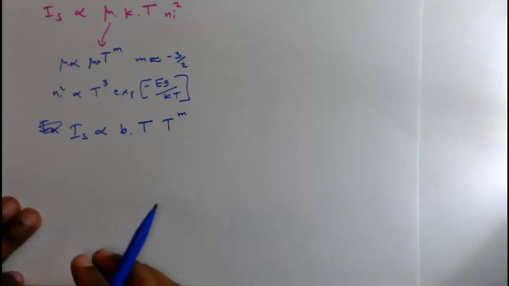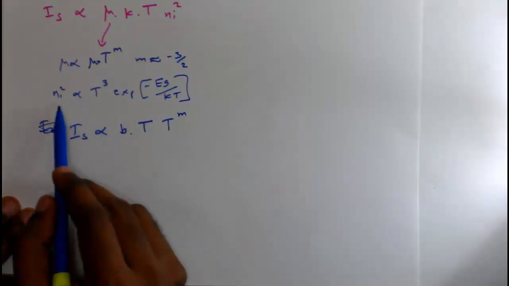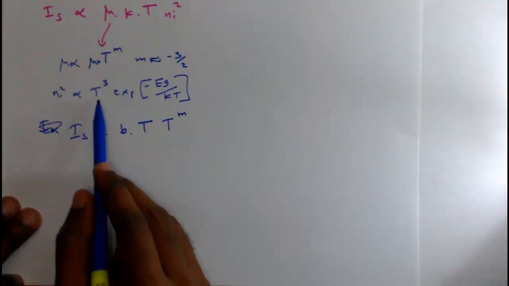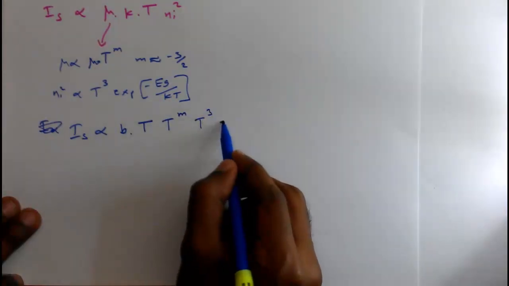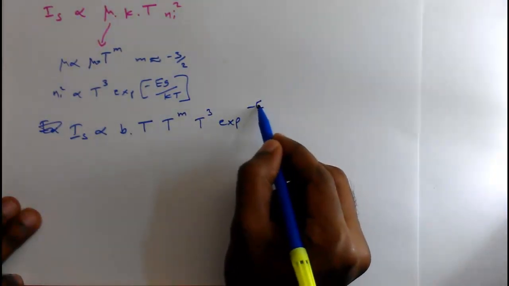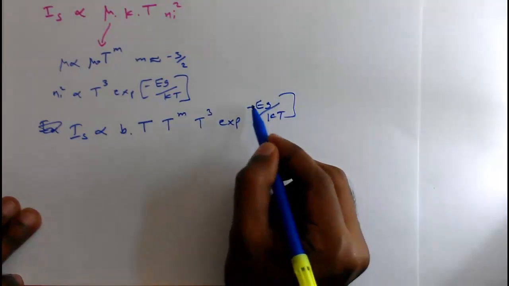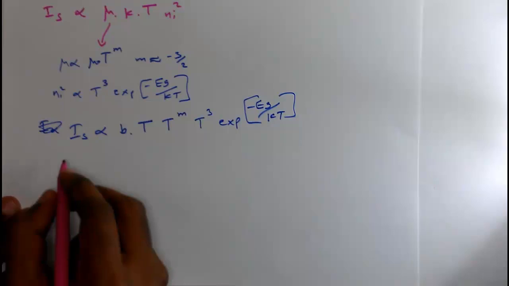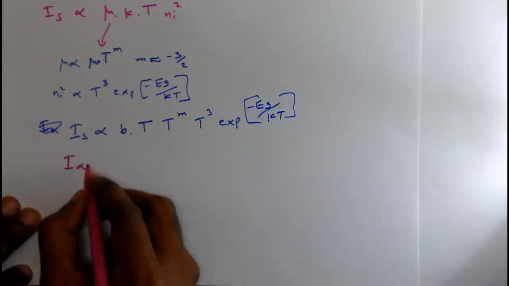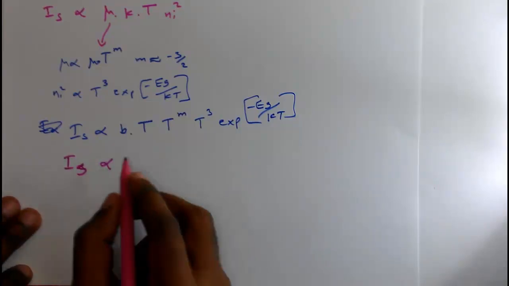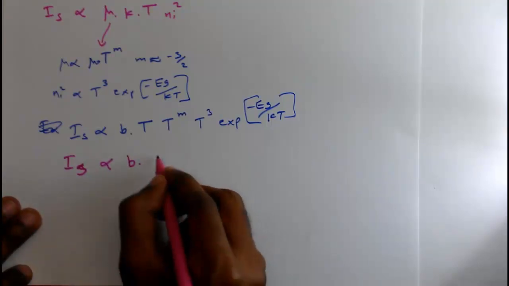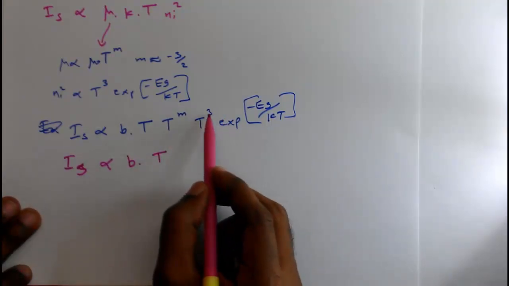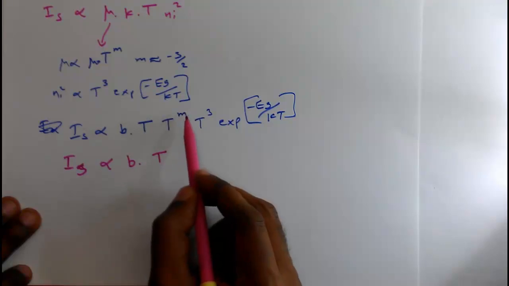I am just keeping it as M. And we have another term that is Ni square, that is proportional to T to the power 3 and exponential minus Eg by Kt. So Is is proportional to B into T to the power 3 plus 1 plus M.